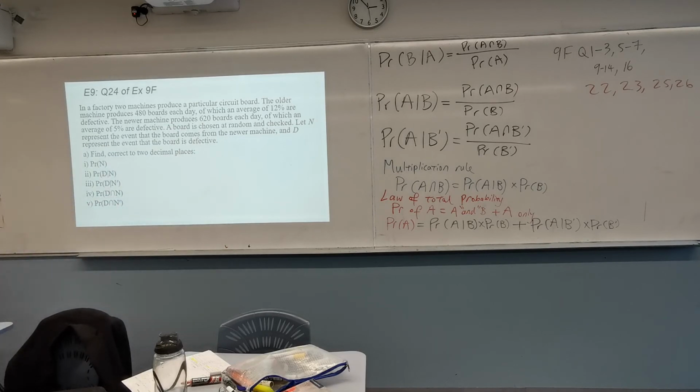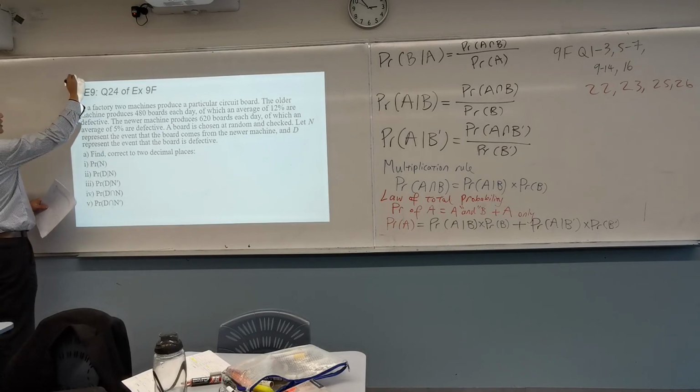A board is chosen at random and checked. Let N represent the event that the board comes from the newer machine, and D represent the event that the board is defective. Okay, it's a lot to take, but fortunately the questions step it out bit by bit. So let's answer the first question.